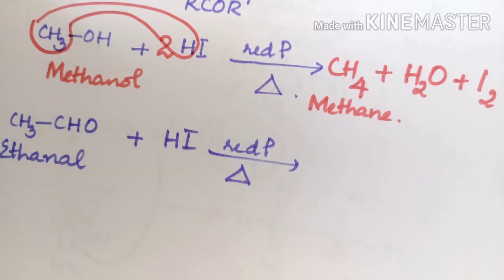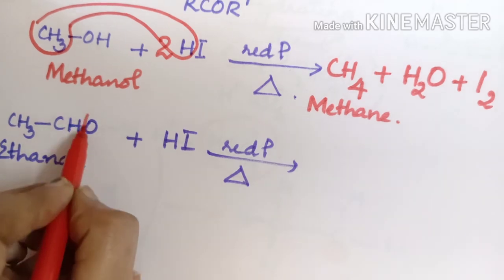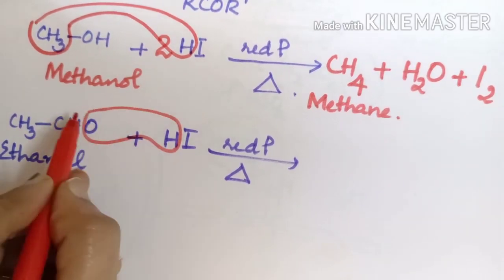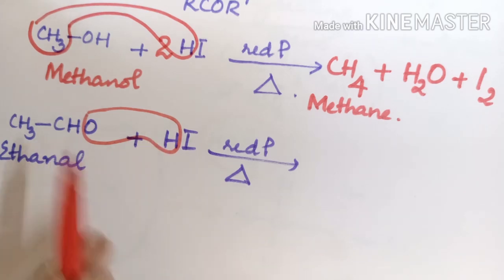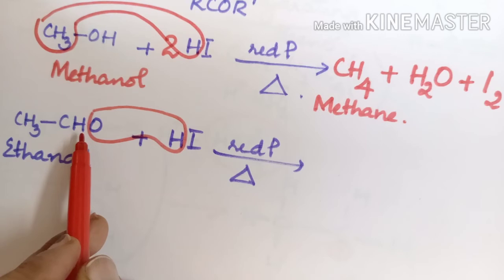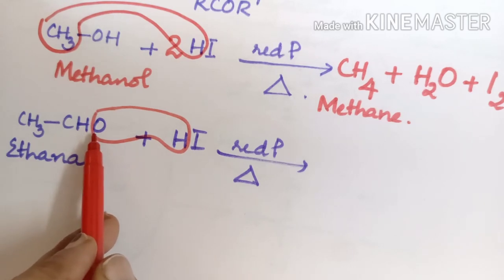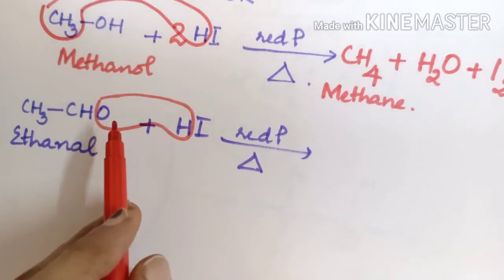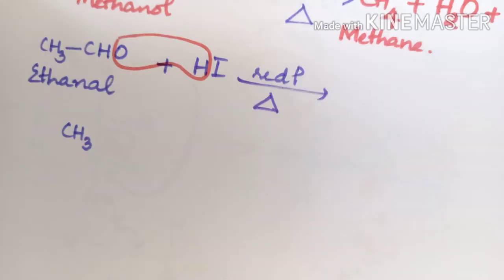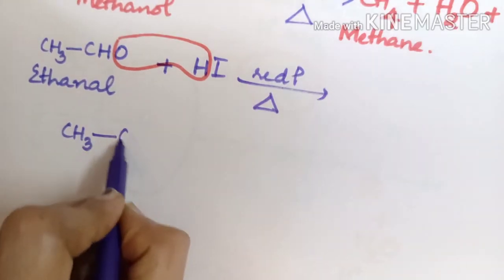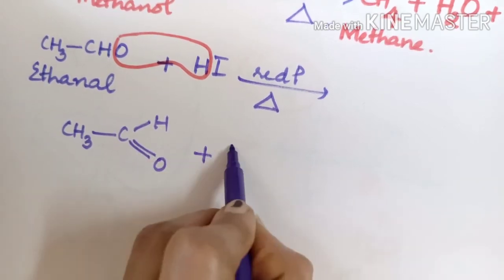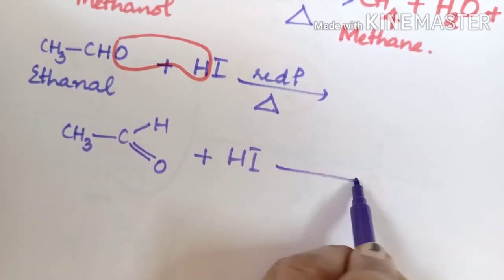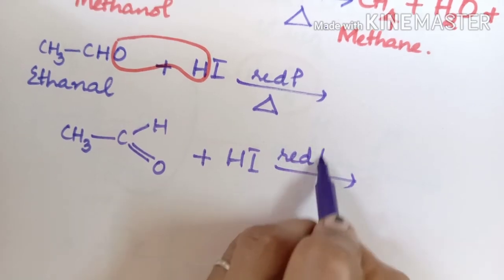So when it removes, it results in an unstable compound. So if you take two molecules, that is not enough. Here two bonds are free, and so it is actually CH3CH double bond O. When it reacts with HI, how many molecules of HI are required?